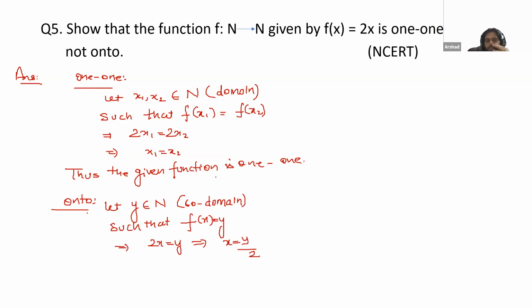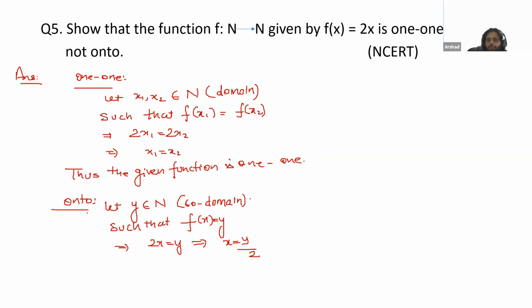Now, both the sets are natural numbers. So anyone can tell me any value of y which we will put here and we will not get a natural number? In this expression, can you give me any value of y? Any example in place of y so that the complete expression will not give us a natural number? Sir, 3.